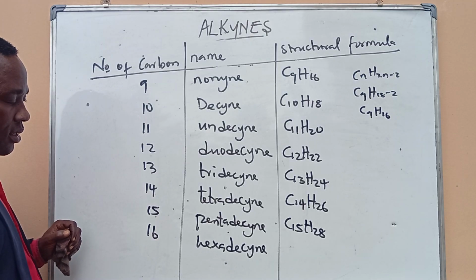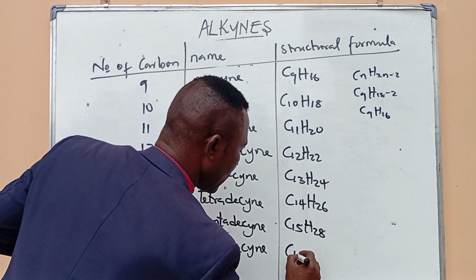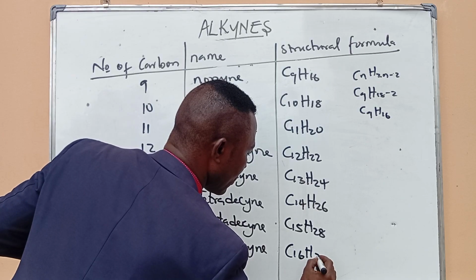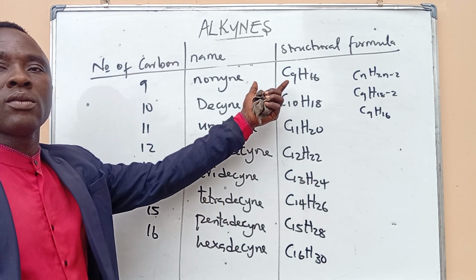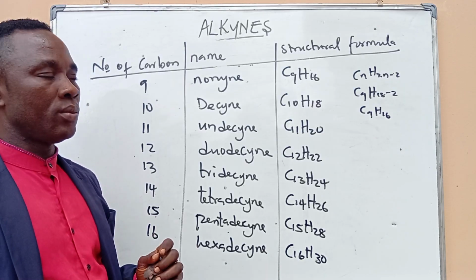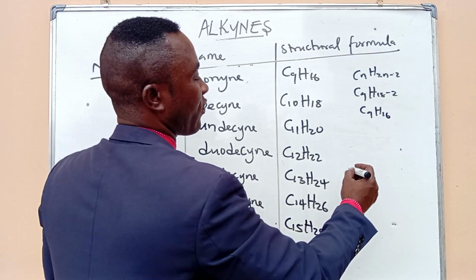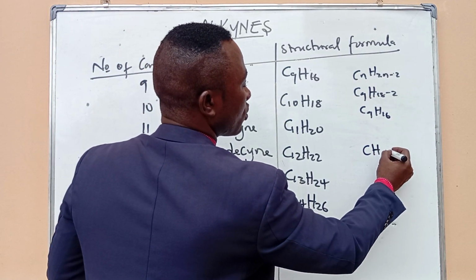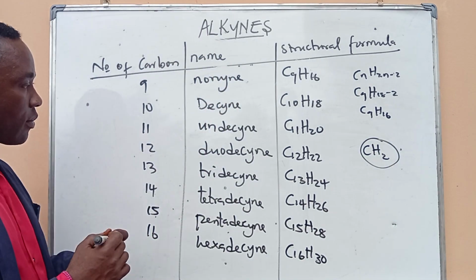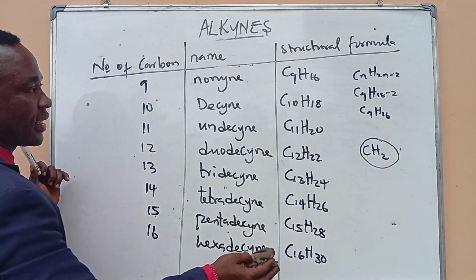Hexadecyne is C16H30. We are adding 1 carbon and 2 hydrogen as it goes, which means that each successive member differs by a CH2 group. That is what we call the methylene group.